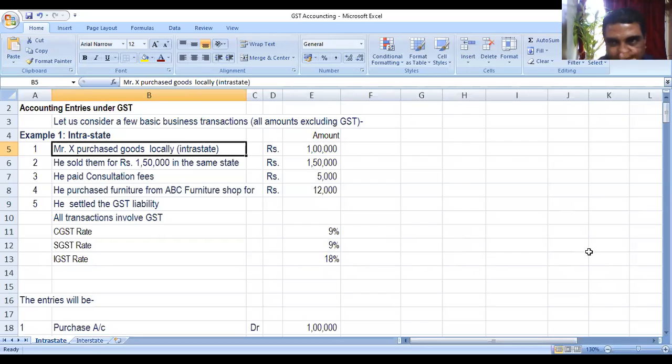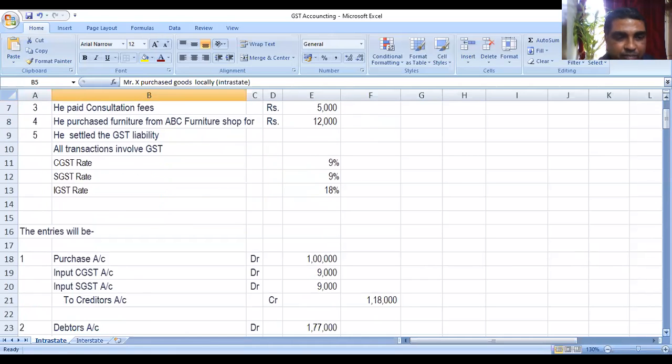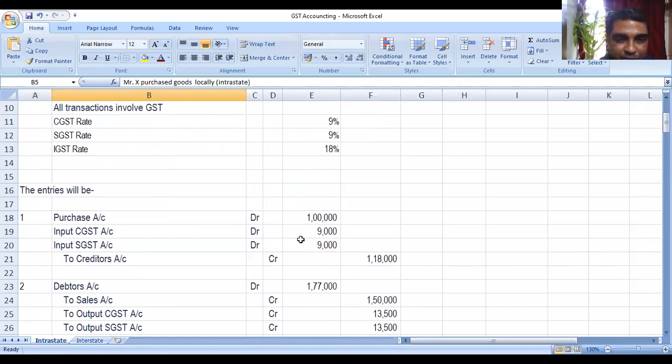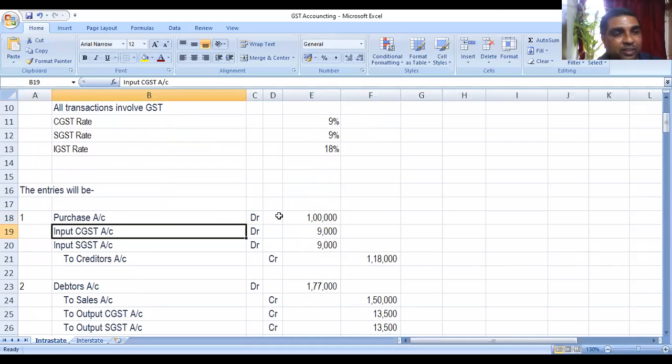It's a purchase entry. In the normal case it would have been a simple entry: purchases account debit to bank or creditors account. Now GST ITC is involved. I'm showing you the first entry. Purchases account debit 1 lakh, and I'm opening an account in the name of input CGST.